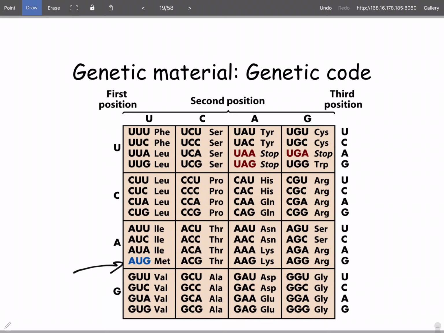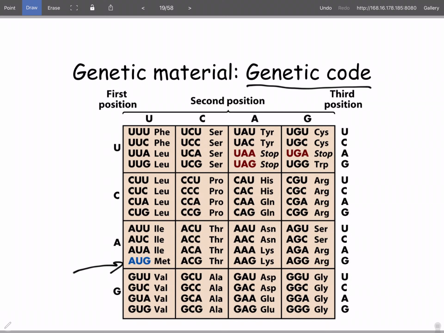And so there were some experiments that went on to figure out how this occurred, but there were some really interesting ones that allow us to determine that there's a genetic code where 3 nucleotides correspond to the incorporation of a single amino acid in a protein sequence.